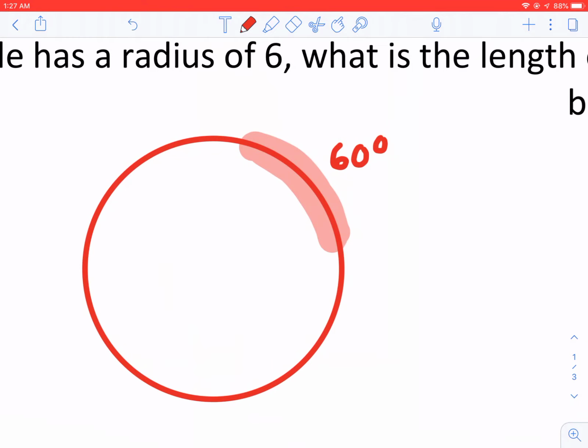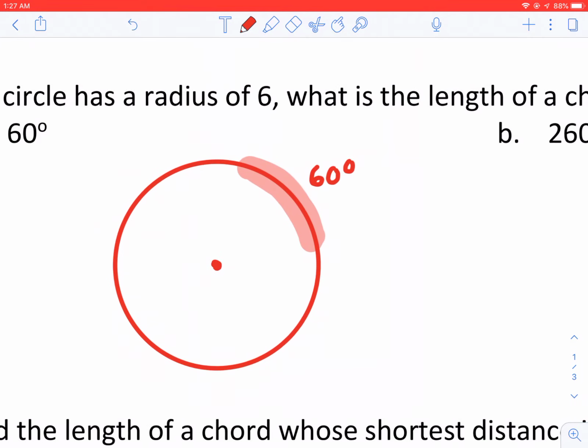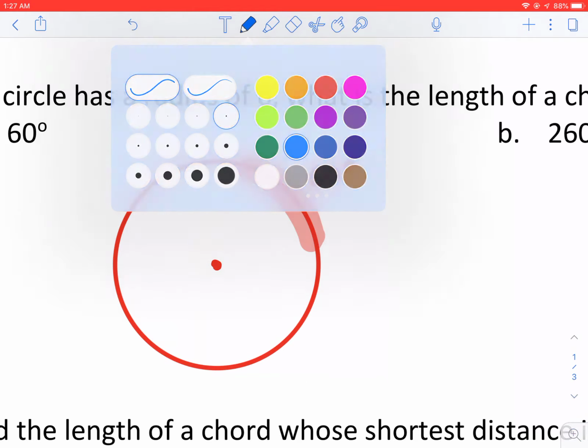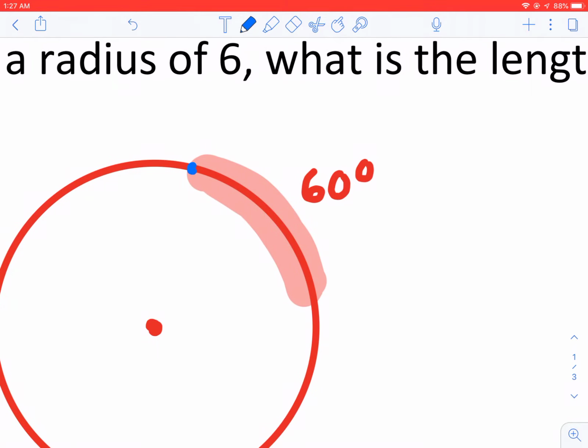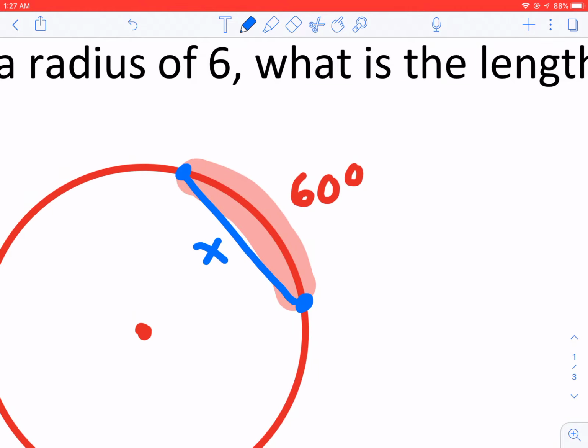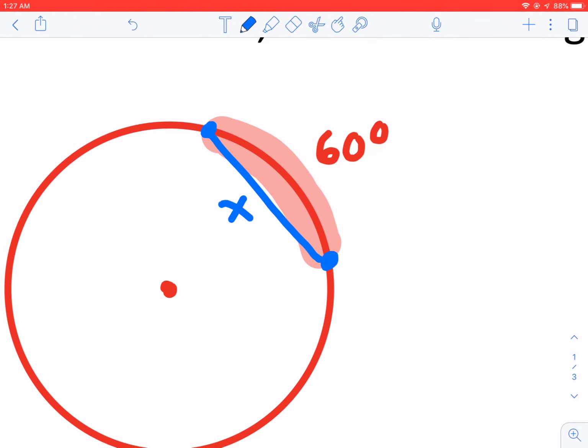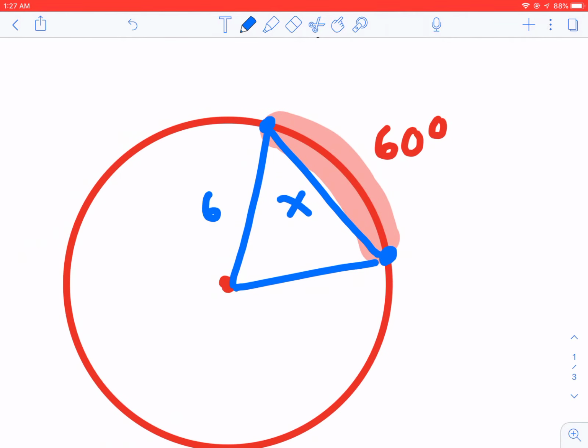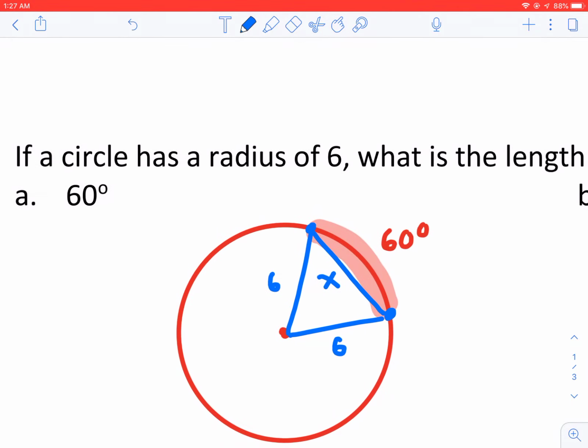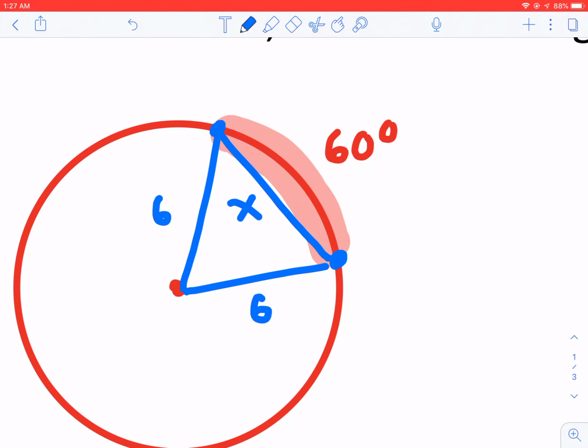And I want the length of the arc, sorry, not of the arc, I want the length of the chord determined by this arc. So if there's my arc, here is the chord determined by that arc. And I'm going to call that x, and that's the length we are looking for. So if I draw in my radii, boom, boom, right, I know my radii are 6 units each.